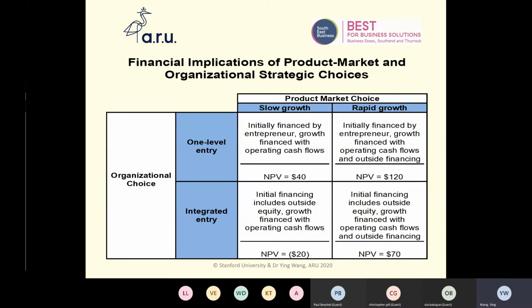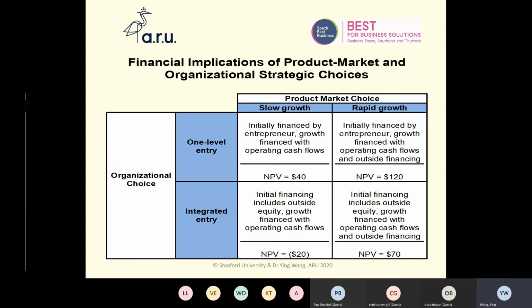If we look into the integrated entry format, then you'll notice that if it's slow growth, integrated, it actually has a negative NPV. And in the accounting and finance decision-making process, if it's a negative NPV, you will reject this product. So that's the fundamental evaluation for a product appraisal: negative NPV, reject the product.